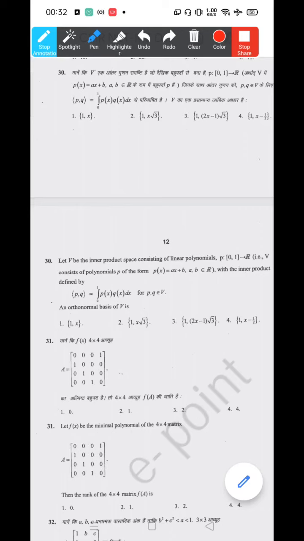What can you see about this? Then what is the rank of the 4 cross 4? See, if it is a minimal polynomial, it will be 0. The minimal polynomial satisfies that equation. So option first one will be the correct one. That was quite simple. Let us go to the next one.